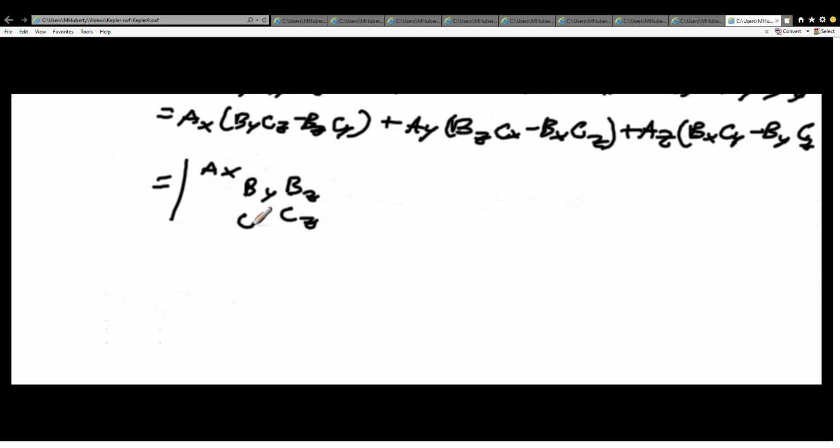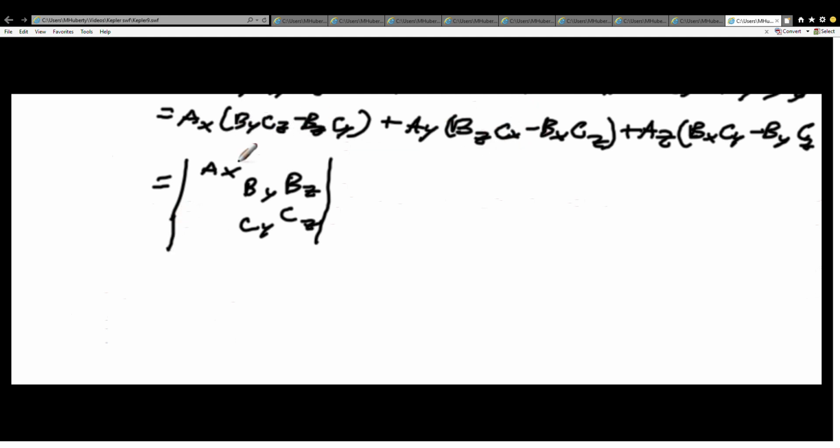Do you see how that works in a 3 by 3 determinant? That's a little sloppy, gotta rewrite that. That was the BZ, and this is CY, CZ.